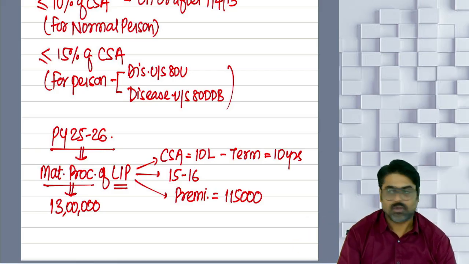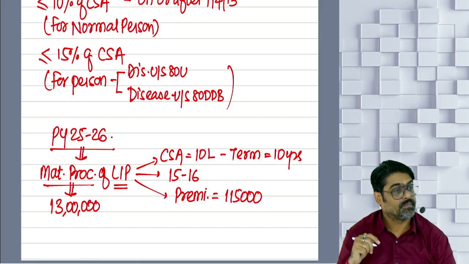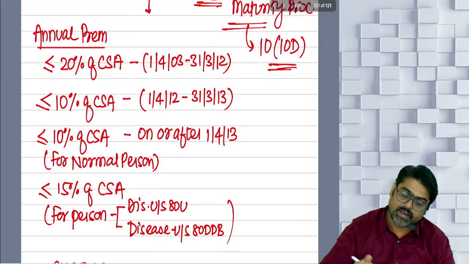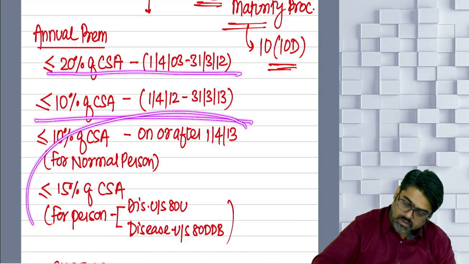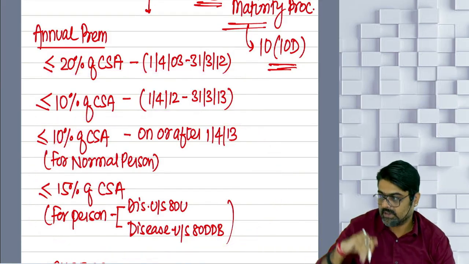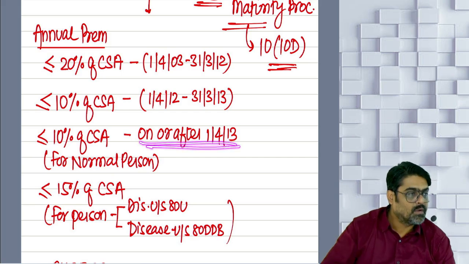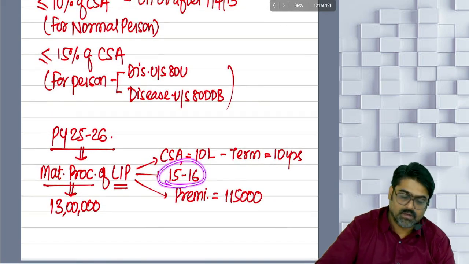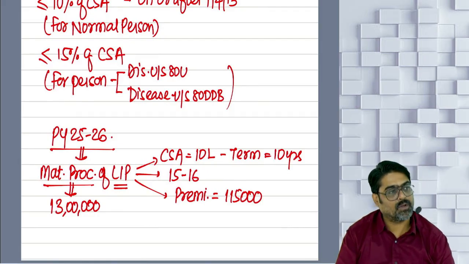13 lakhs. So there was a life insurance policy which was issued to you in which year? 15-16. 15-16 meaning which case? Last case, because the policy is issued on or after 1st April 2013. So how much should be the maximum premium on this policy every year?